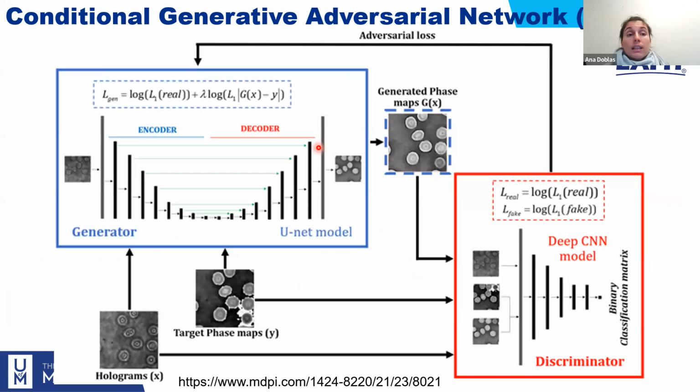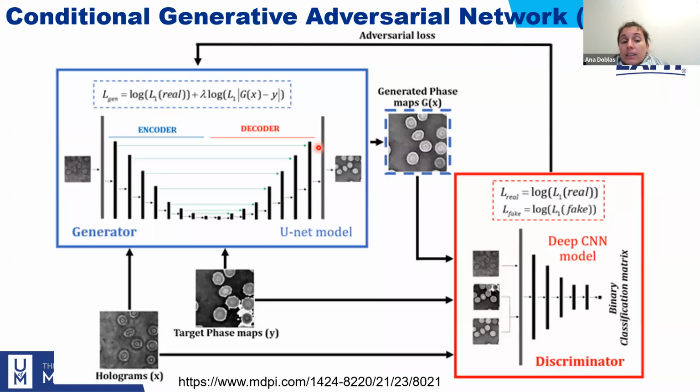Our model differs from other models that have been proposed. It's a conditional generative adversarial network, and the main difference is that we have two parts: the generator and the discriminator, and they compete with each other. The generator is a UNet model, an autoencoder, and its goal is to create a phase image.